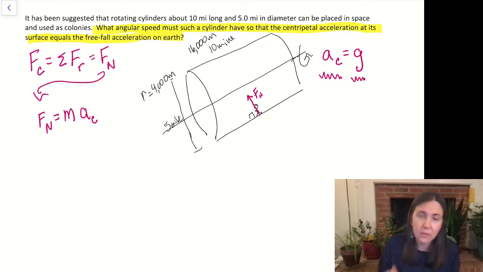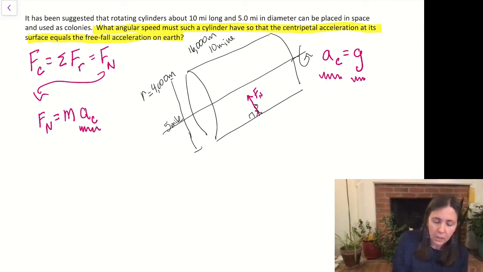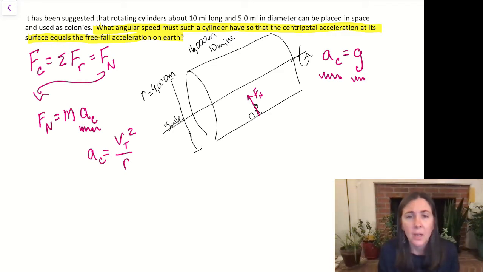So instead of thinking about forces, which is important, I can just look at the centripetal acceleration. I know that the centripetal acceleration is my tangential velocity squared over the radius, and that equals a_c.